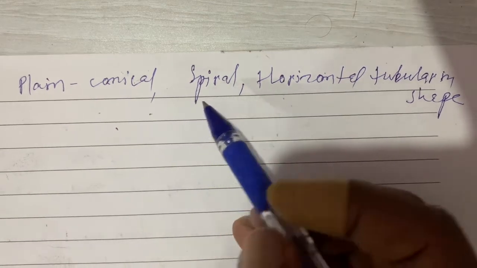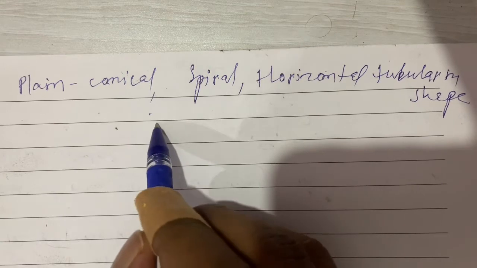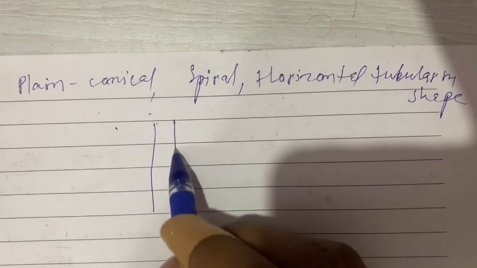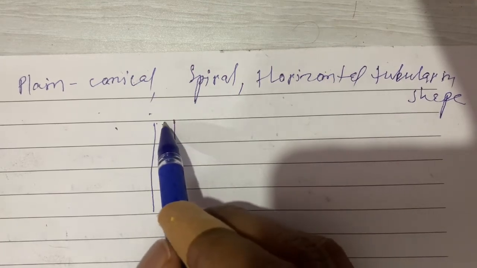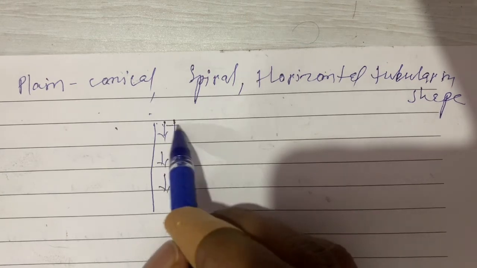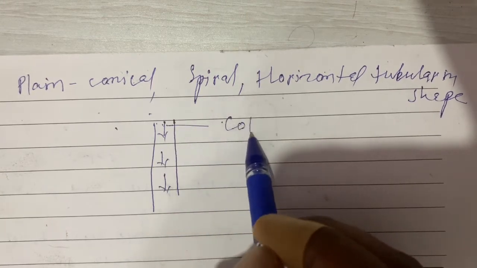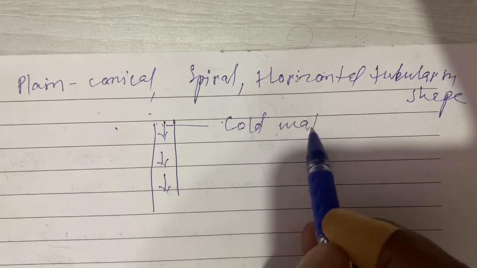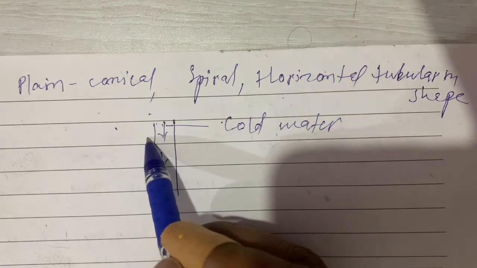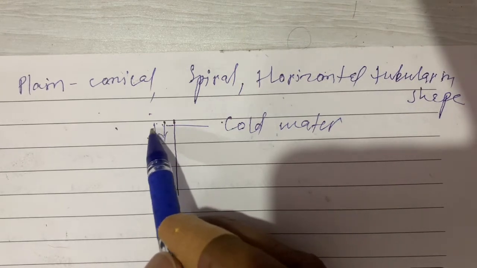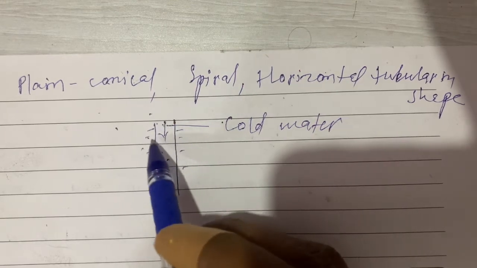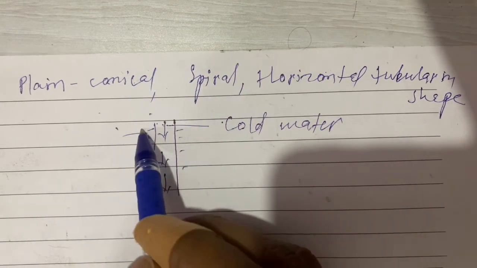It means that suppose this is the pipe, and this pipe flows with cold water, and over the outer surfaces the milk flows.